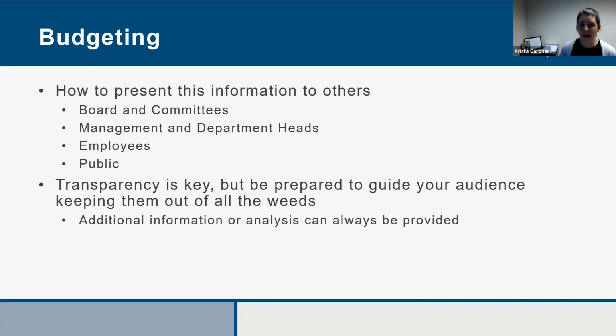And what I really mean by that is additional information can always be provided. Additional analysis can always be provided. But if we just throw all of the accounts at everyone, that can be difficult, because it can be difficult to bring them back. We've all been in those meetings where we're off on a tangent and we start focusing on these tiny things, where we've got to start with the big picture first.